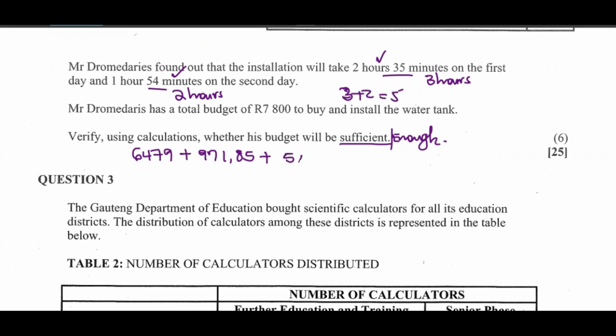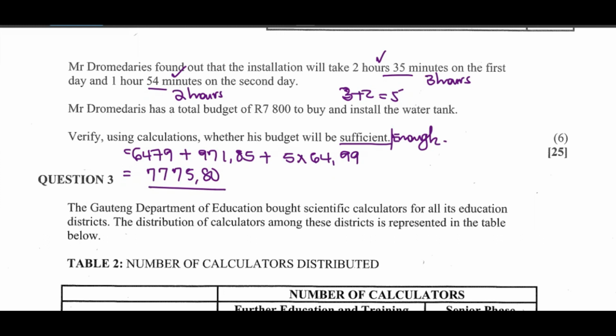So we shall say 5 hours times 64.99. So he ends up having 7,775.80.